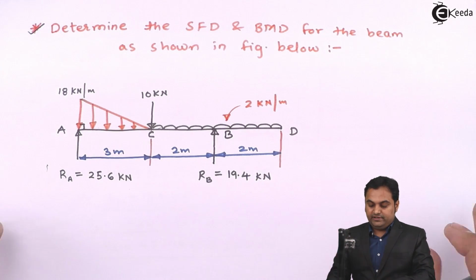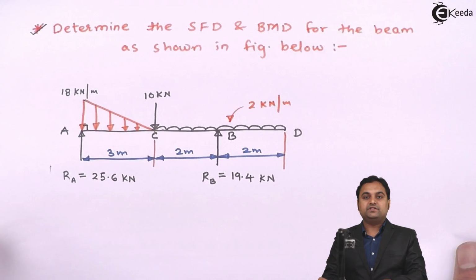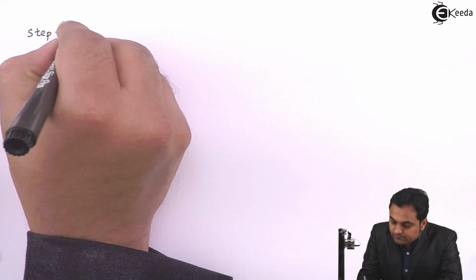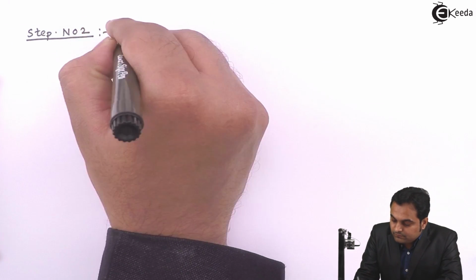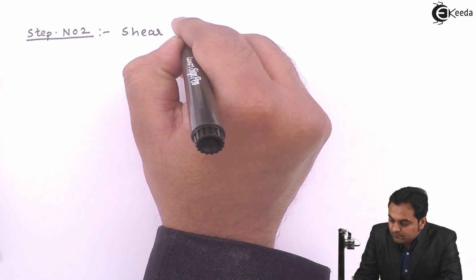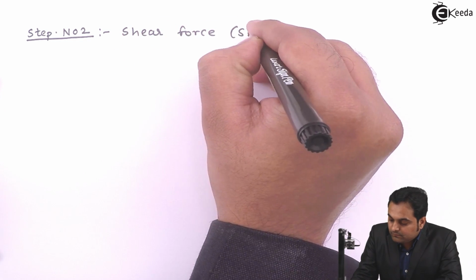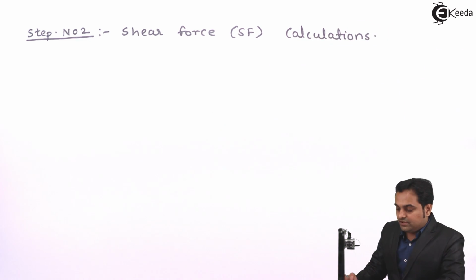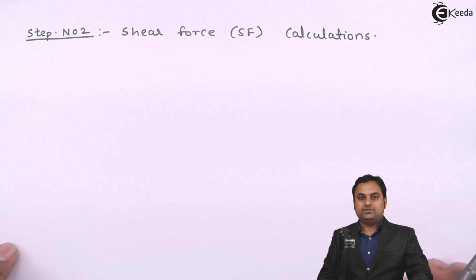So when we have found the reactions, we can say that step number 1 is complete. Now step number 2. Shear force, or we can say SF calculations.